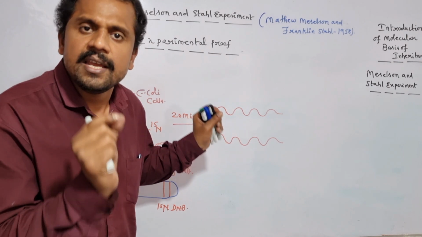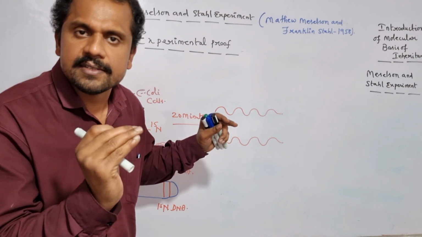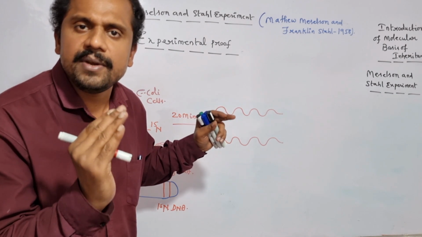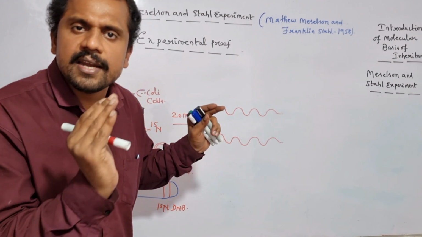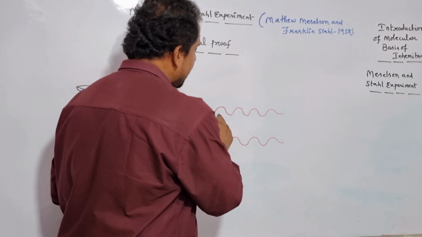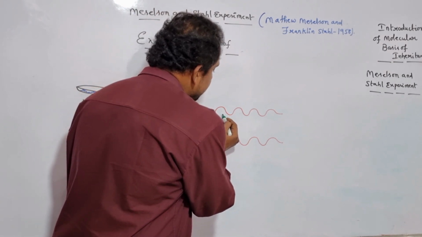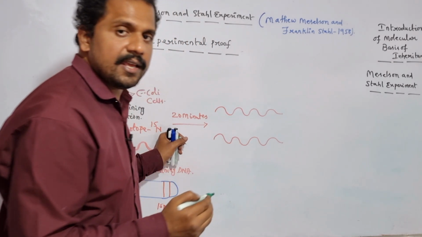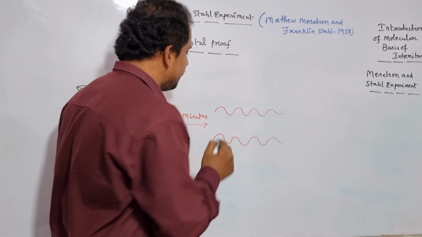So the reason why the DNA which was successfully synthesized within the E. coli cells was termed as what? Hybrid DNA. Hybrid DNA is a mixture of both N14 and N15. So here it is nothing but what? Heavy isotope containing DNA. By taking advantage of the nucleotide sequence of N15 DNA, the complementary strand successfully synthesizes here.